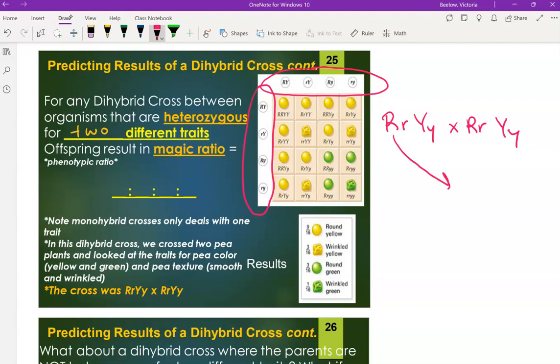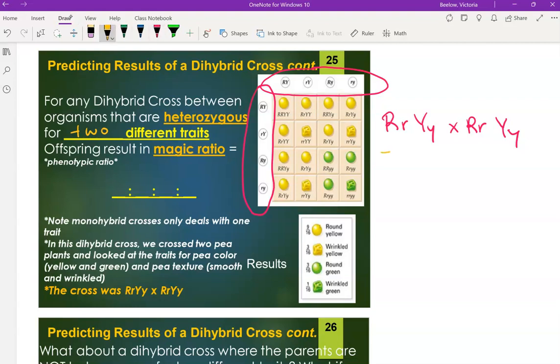So this parent can pass on the big R. This parent could also maybe pass on the big R, and then maybe the little y and the big Y. That could be a possible outcome. But you get one allele from each parent. We're just looking at two at the same time.